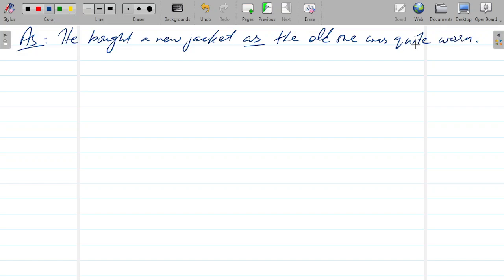Students tend to confuse quite with quiet, so just be on the lookout for that. Now we have a so that, and just like since, there's another so that which comes in later. So just keep it in mind.